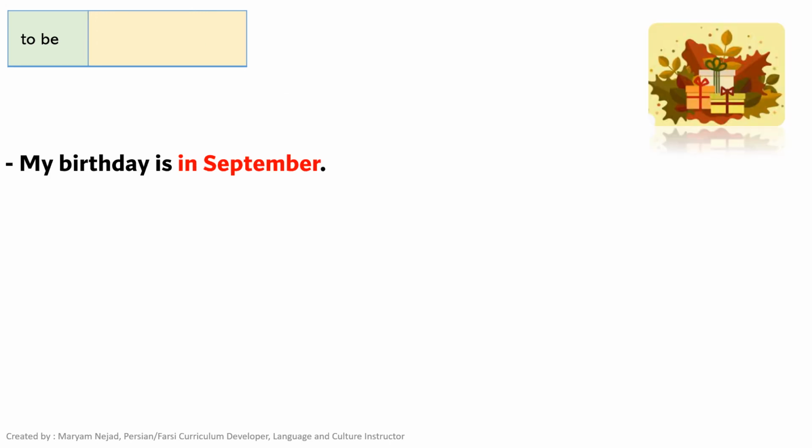We have another easy example here. So we want to say my birthday is in September. So the verb is, let me change my pen. So is, which stems from the infinitive to be, which in Farsi again is budan. But this is present tense. So we need the present stem of the verb budan.